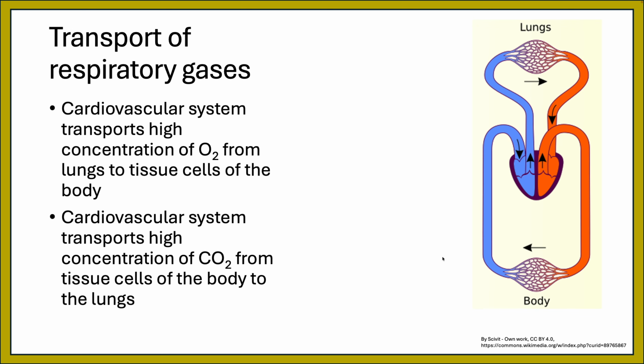All right, the next thing that's going on in respiration is the transport of respiratory gases. The cardiovascular system is going to transport high concentrations of O2 from the lungs to the tissue cells of the body, and it's going to carry high concentrations of CO2 from the tissue cells of the body back to the lungs for that external respiration to occur.